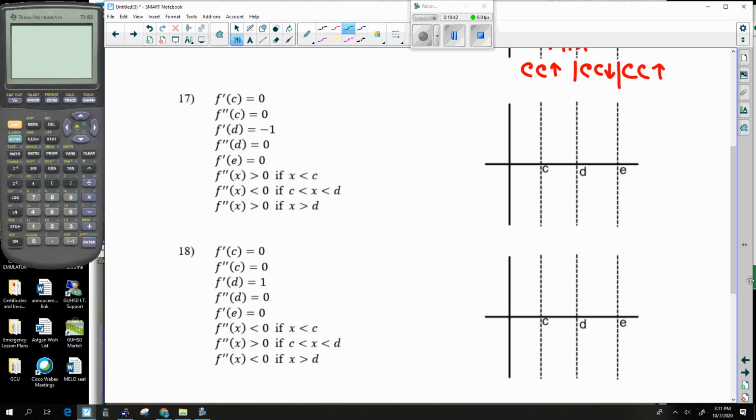Okay, pretty much all of these problems are the same. They just kind of rotate them around. All right, so less than C is concave up. Between C and D is down. Above D is concave up.